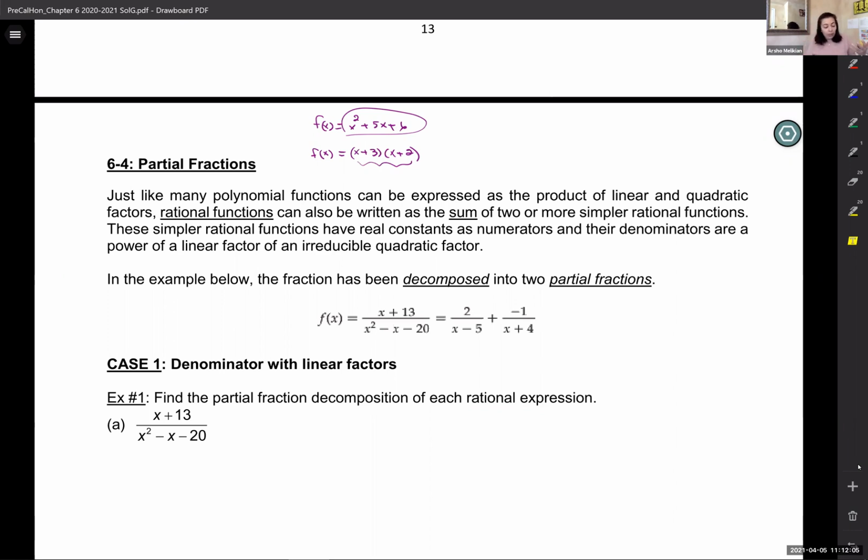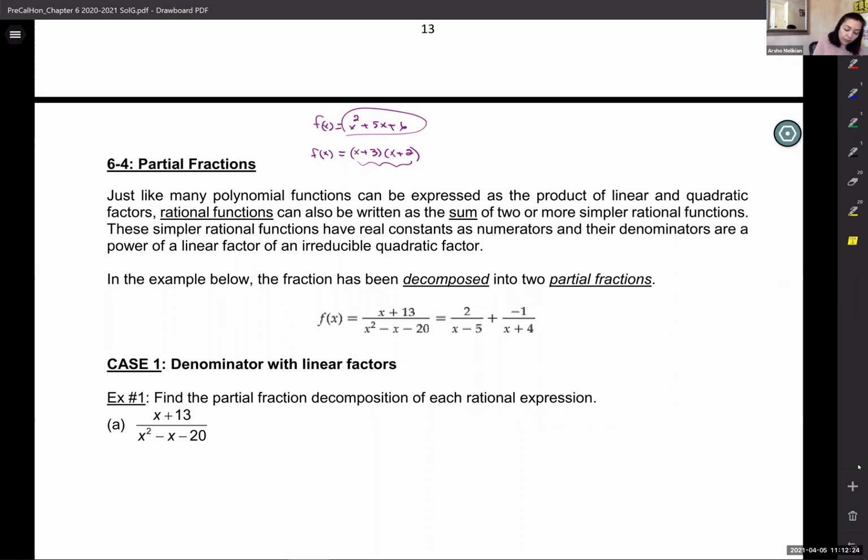Well, you know what? It turns out you can also do that not only with factors which multiply, but you can also do it with smaller expressions which may add up to a more complicated one, right?